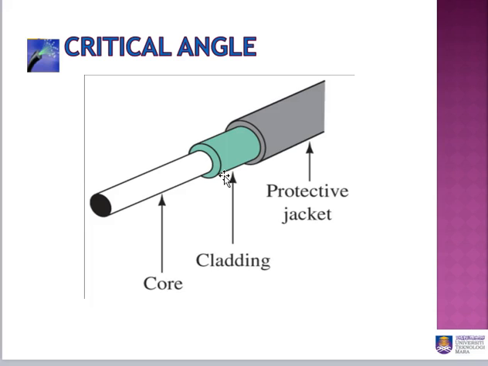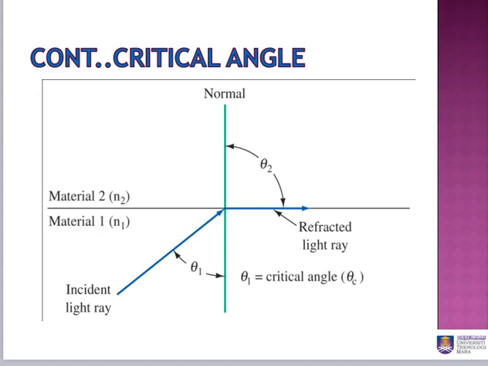The idea is to allow light to pass through the core, where the angle of light exceeds the critical angle, and not to allow it to pass through the cladding. The protective jacket is to protect both cladding and core from external interference.